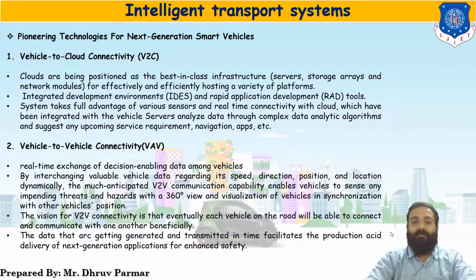The second one is vehicle to vehicle connectivity. Clear? This is a type of real-time exchange of decisions among all vehicles. There are different types of systems used to exchange information, so we can easily know which vehicles are nearby, and their dimensions.